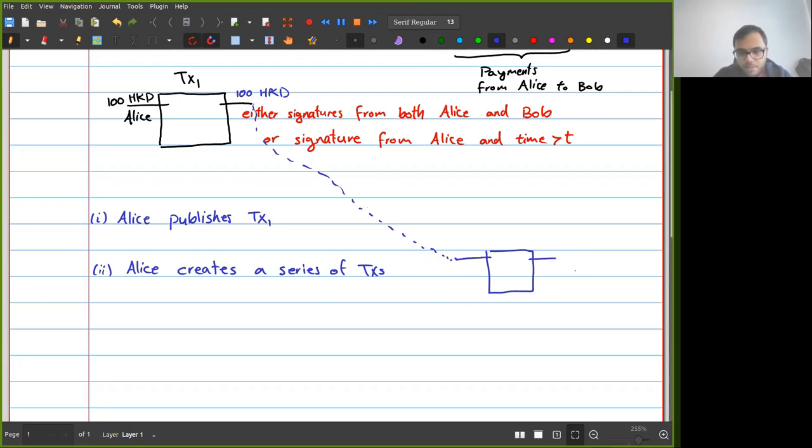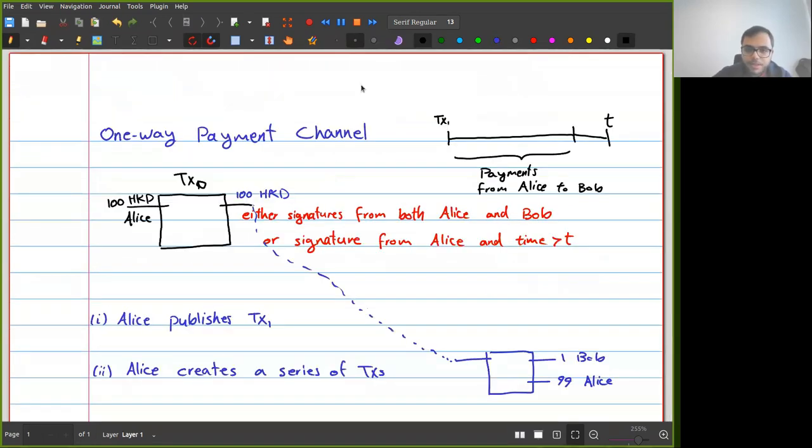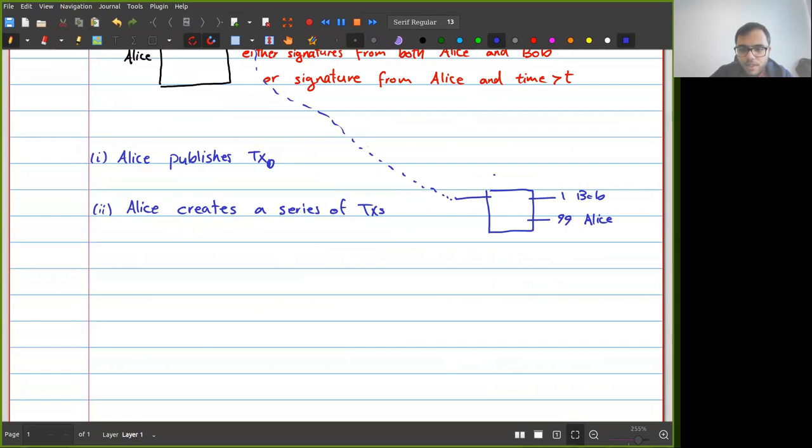And let's say it pays 1 Hong Kong dollar to Bob and 99 to Alice. Maybe it would have been better to call the deposit transaction 0. So transaction 0 is the transaction that is putting in the deposit. And this is transaction 1, which is paying 1 unit to Bob and 99 units back to Alice.